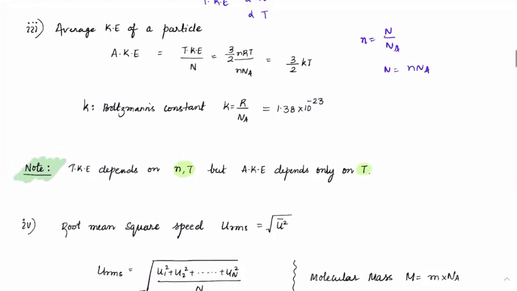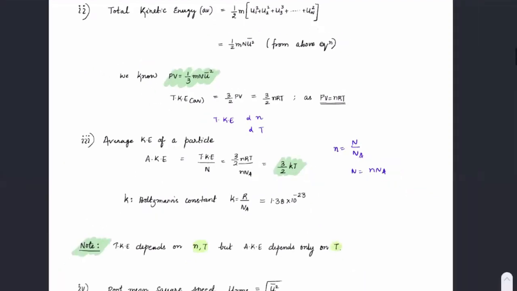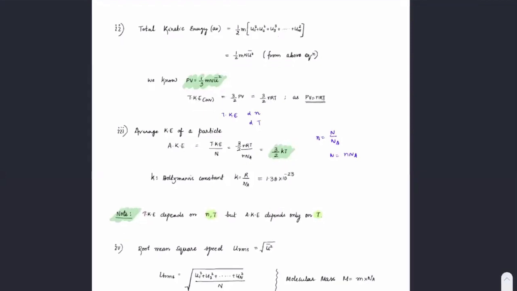Second, this is a very important note. What is the average kinetic energy? And its value is 3 by 2 kT. Okay. Next important takeaway from here is PV is equal to 1 by 3 m n c square. So these are some important pointers you should get out from kinetic theory of gases. Not that these derivations are important, but the application of all of these terms is very, very important for exams.